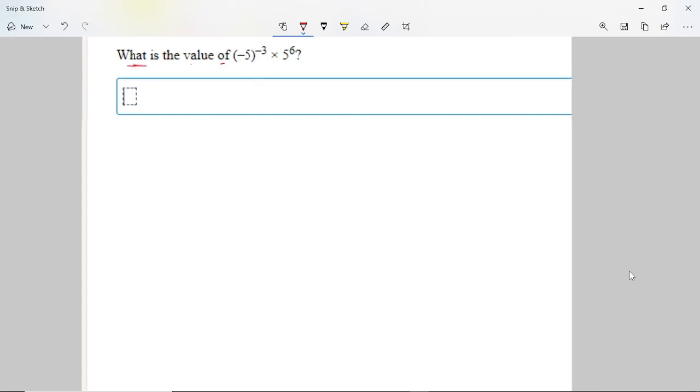What is the value of negative 5 to the power of negative 3 multiplied by 5 to the power of 6? I have two ways to solve this question. There is a simple way and a long way. Let's see the simple way.